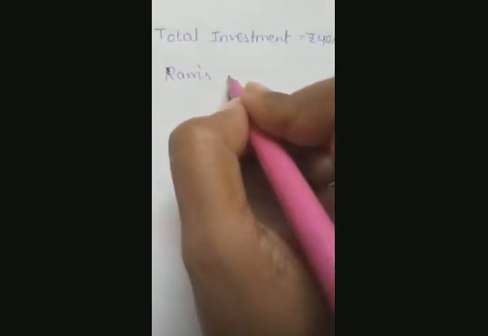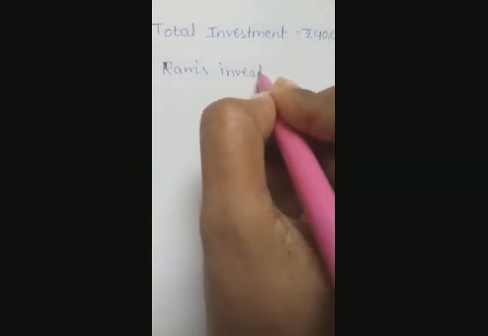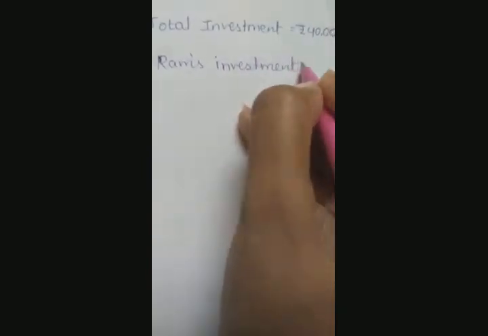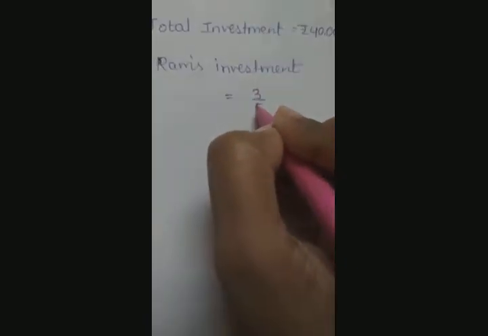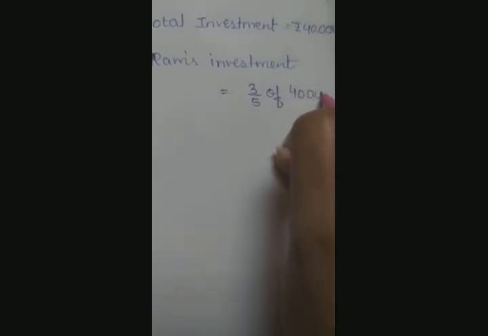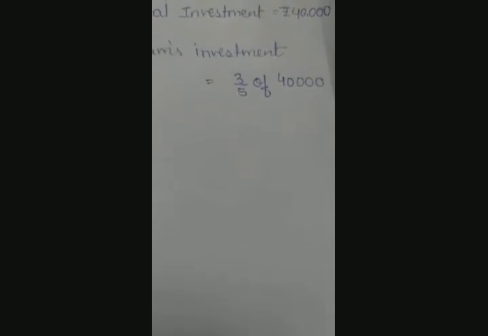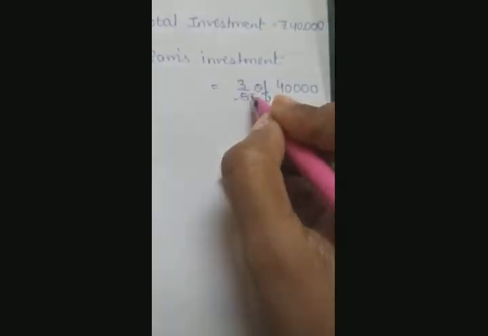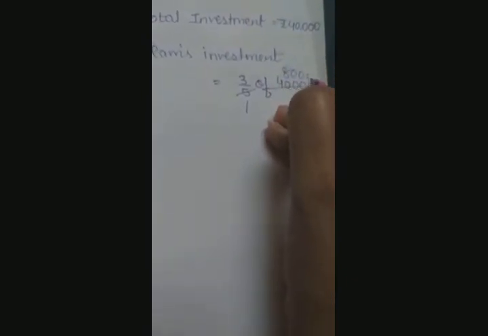Now next, Ram's investment equals 3/5 of 40,000. Okay, Ram's investment 3/5 of 40,000, that is 5 ones are 5, 8s are 40, 0, 0.